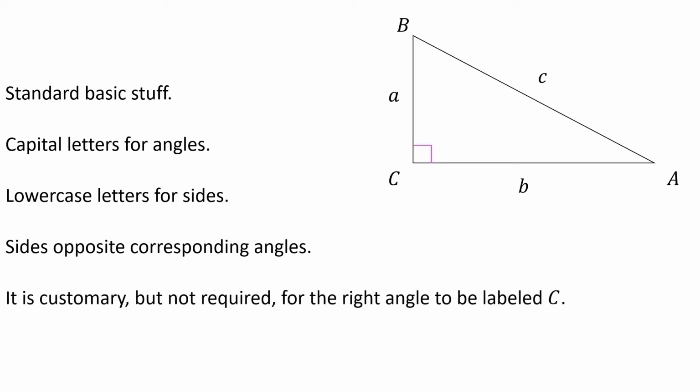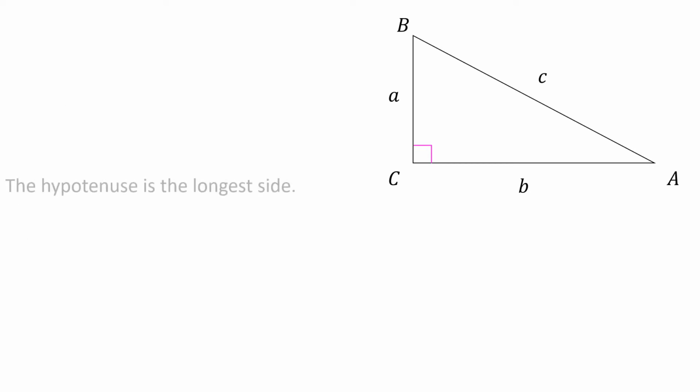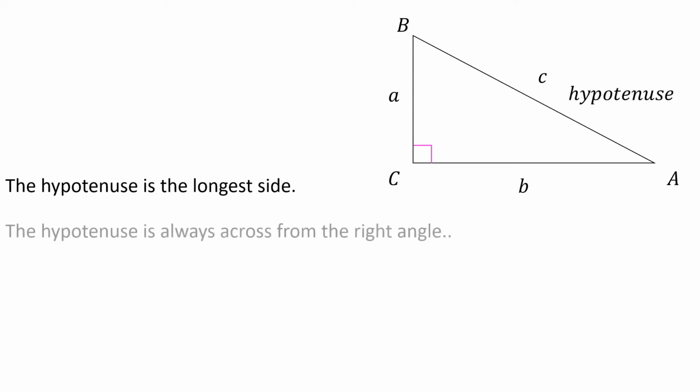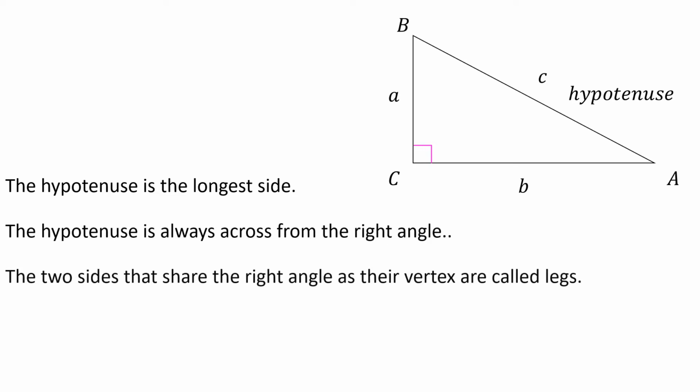And although it's not a requirement, I will usually have the hypotenuse as lowercase c, which means that right angle will have to be labeled capital C. The hypotenuse, of course, is always the longest side. And then the sides that are not the hypotenuse are called legs.